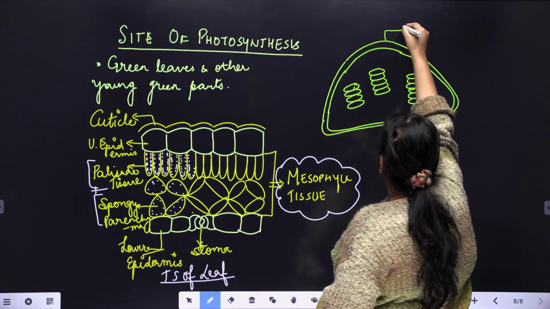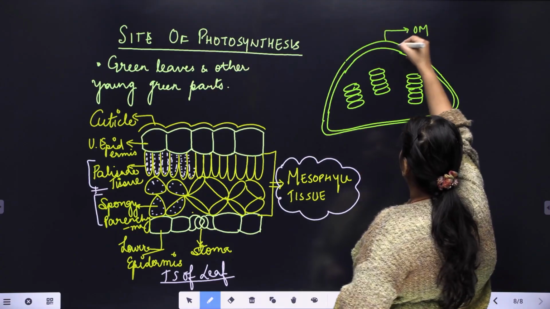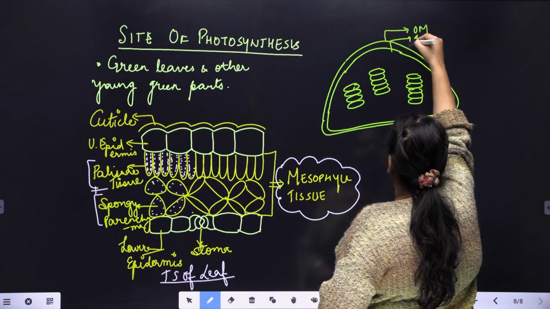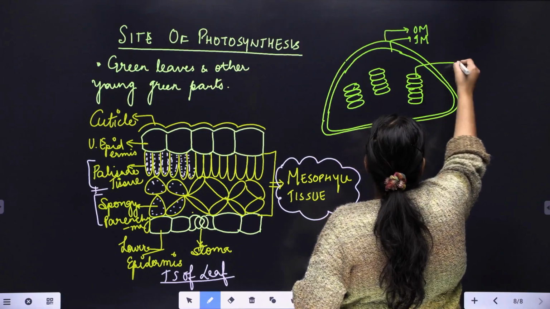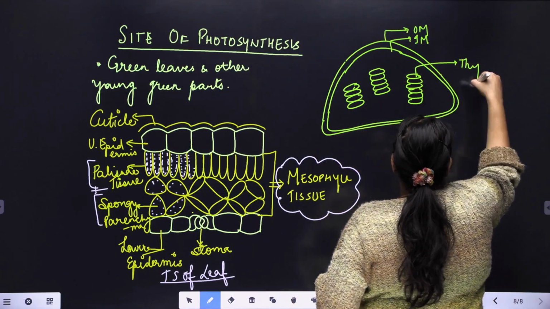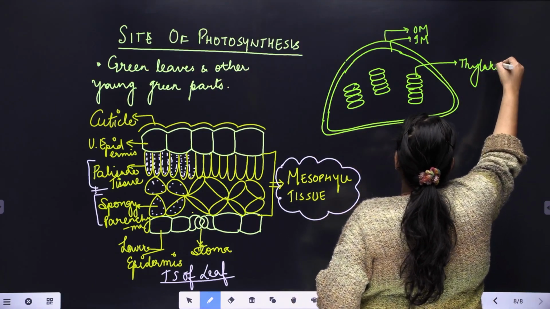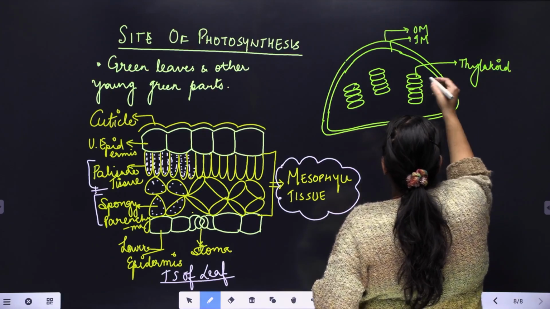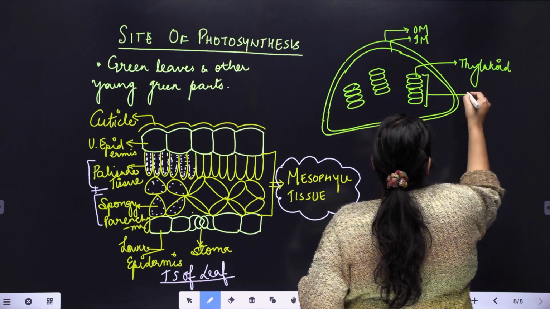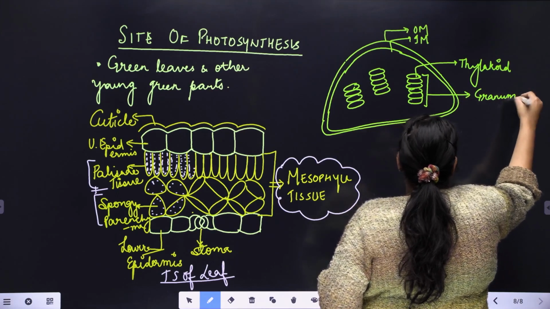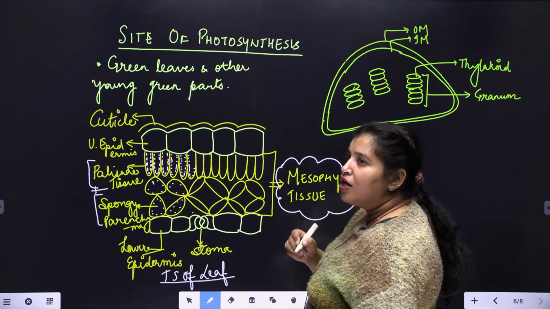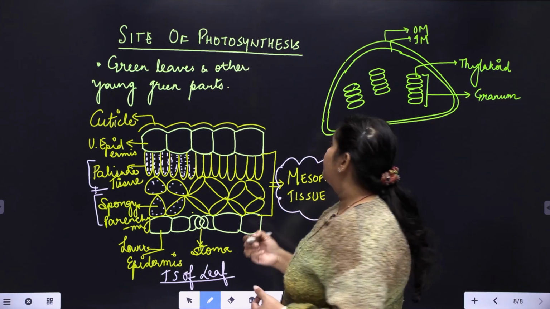So this is the outer membrane. This is the inner membrane. This single sac is a thylakoid. The single stack is a granum. So granum is the membranous part of the chloroplast.